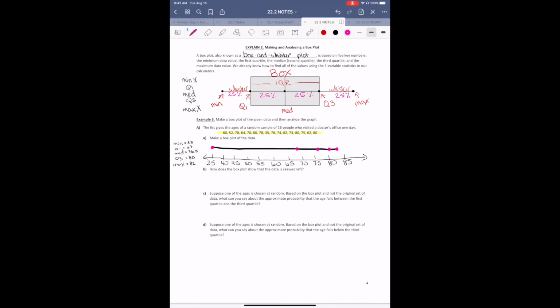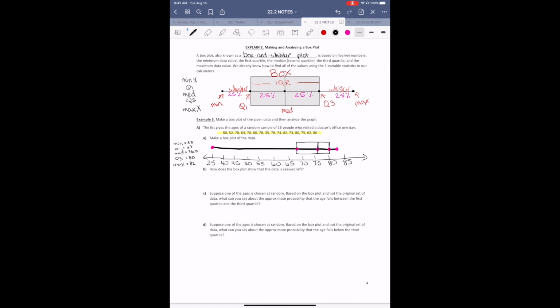And then we're going to draw our box. Now remember, box and whisker plot, you go to your center 2 points. You go to your quartile 1, which in this case is 67, and quartile 3, which is 80, and draw your box using those 2 points. Straight line down the center, our median, and there's our box and whisker plot.